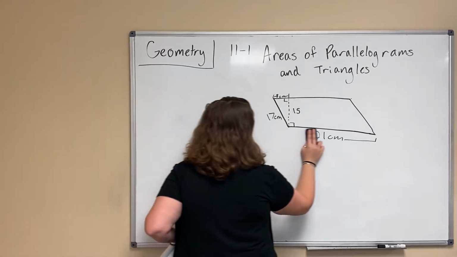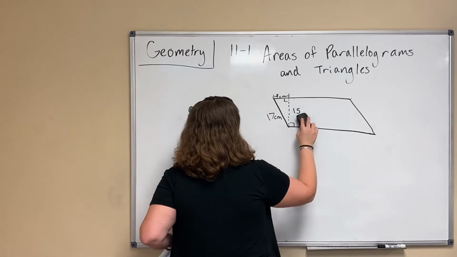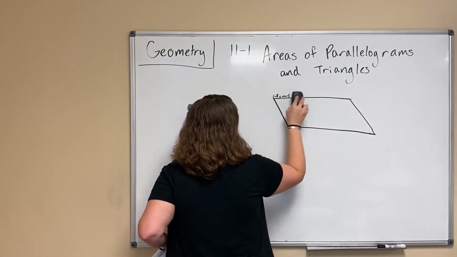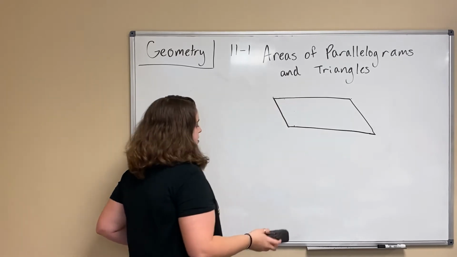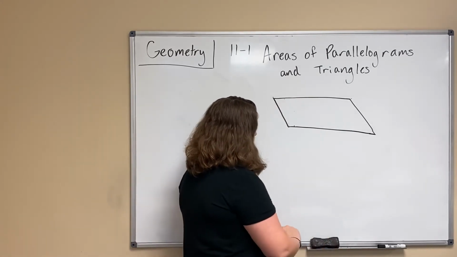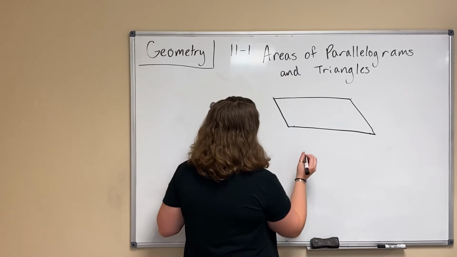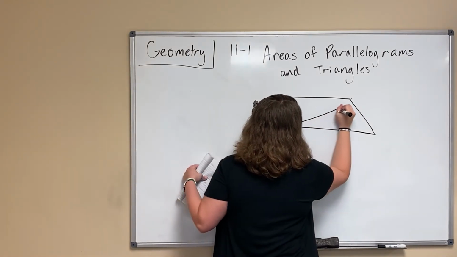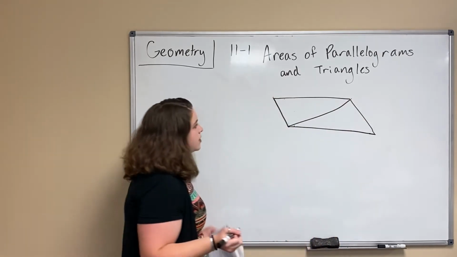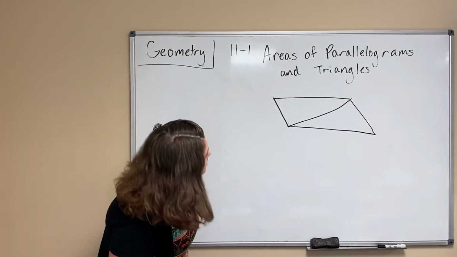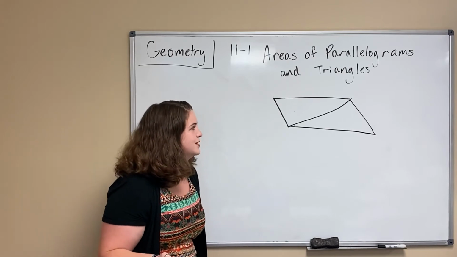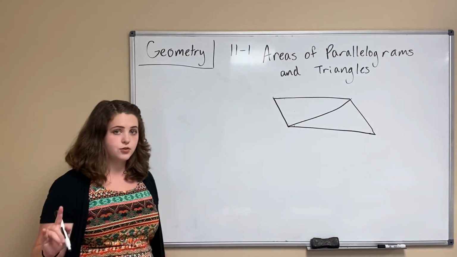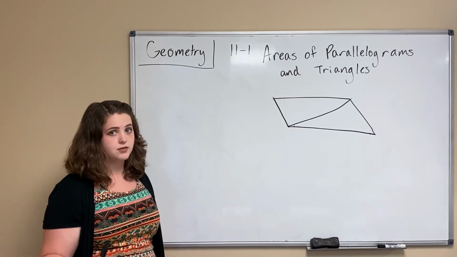Before I totally erase this parallelogram, one thing that I want you to see about it is that if I took this parallelogram and I drew a diagonal from one corner to the other, what I get, I know my line isn't perfectly straight, what I get is two equal triangles, two congruent triangles.